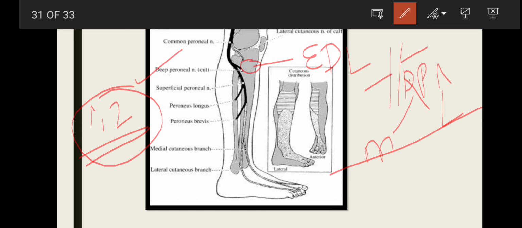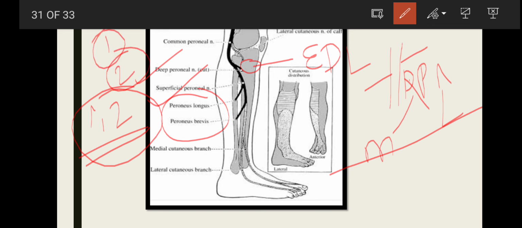Now what about the superficial peroneal nerve? This is a picture of the superficial peroneal nerve. It supplies peroneus longus and peroneus brevis. It is the main nerve which supplies the lateral compartment, first point.